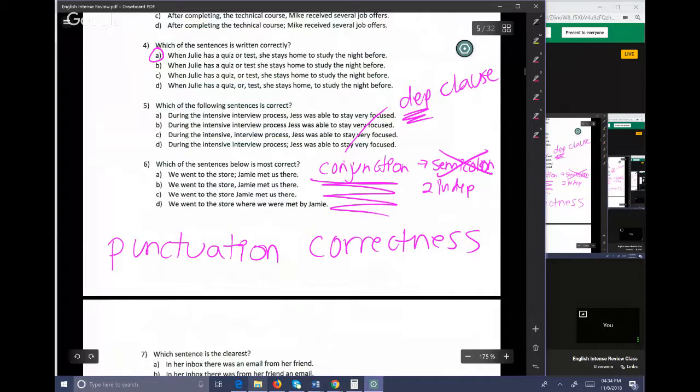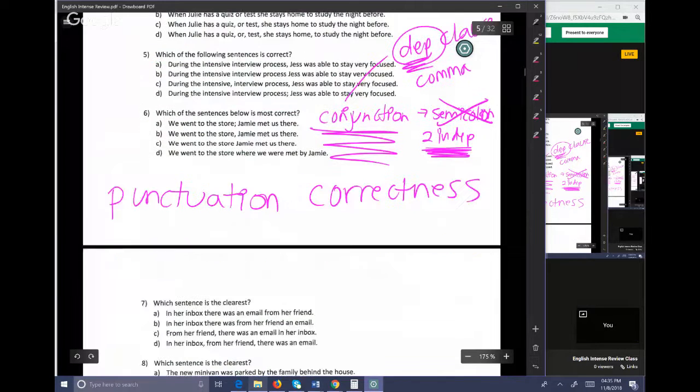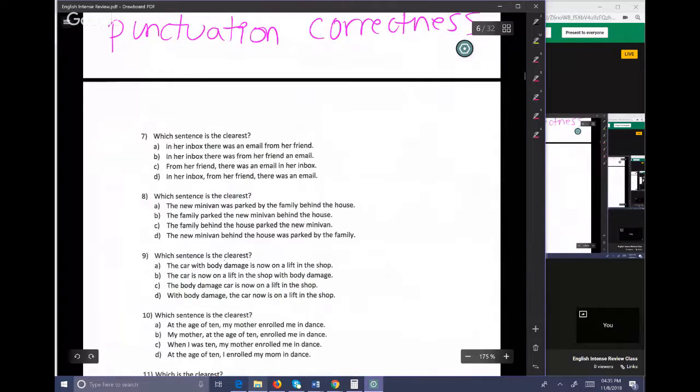So the presence of a conjunction indicates the presence of a dependent clause, which also indicates a comma. The presence of a semicolon indicates two independent clauses, which indicates that we would not have the presence of a conjunction.